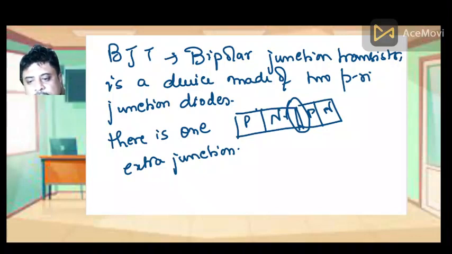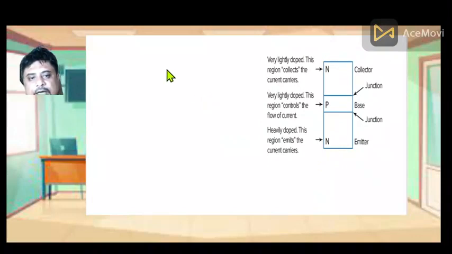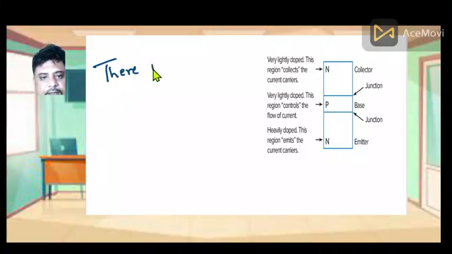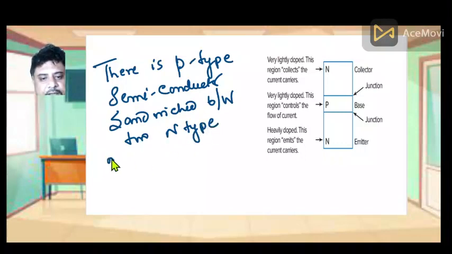In this diagram, a p-type semiconductor is sandwiched between two n-type materials, and the polarity is controlled by the valency of these materials. This is the basic construction.